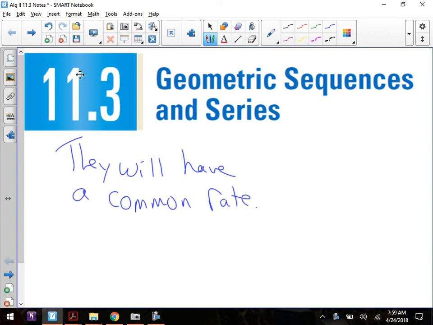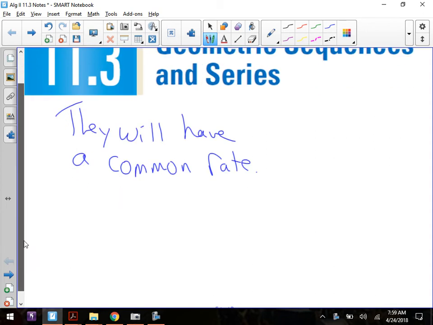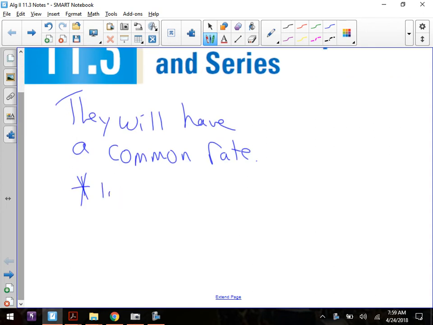What I mean by that is that you're going to look to multiply or divide by the same amount between terms. Okay. Times 2, times 2, times 2, times 2, or divide by -3, divide by -3, or you can write it as times -1/3, times -1/3, things like that.